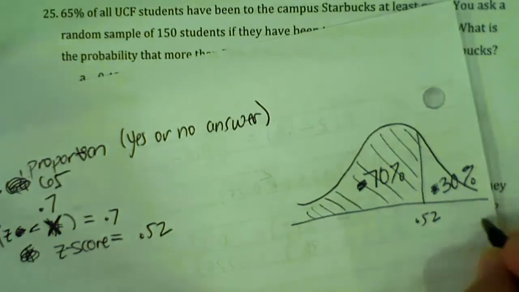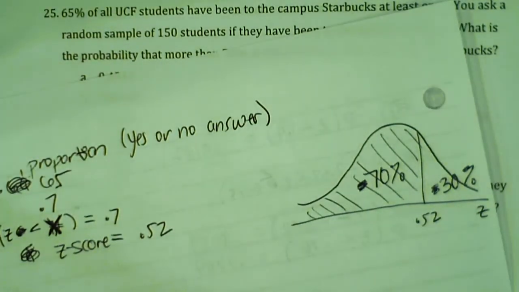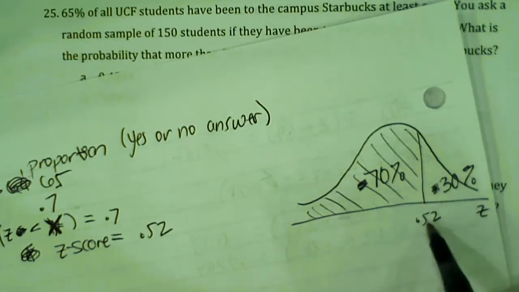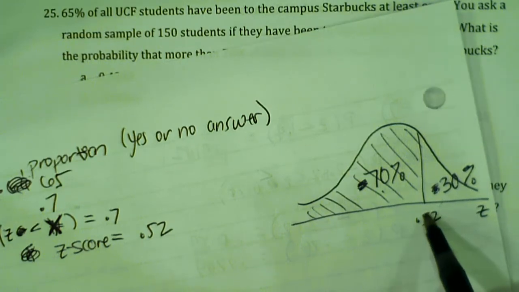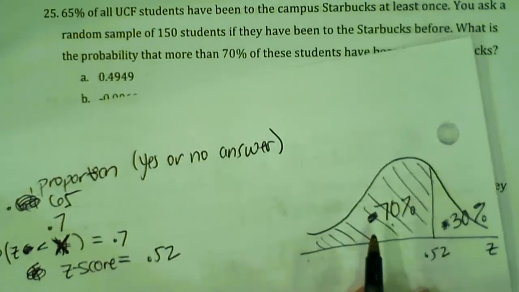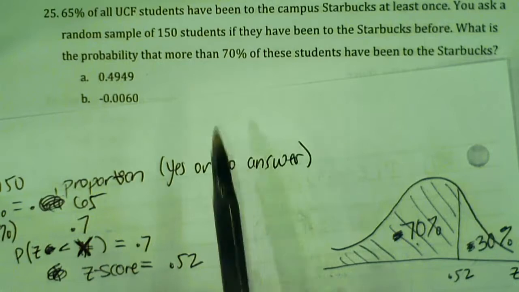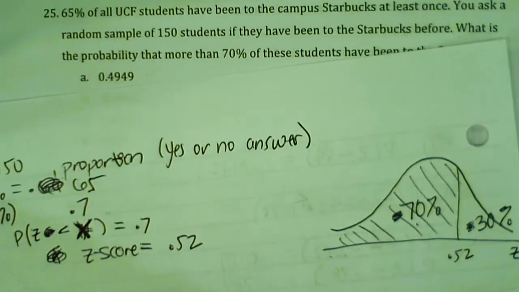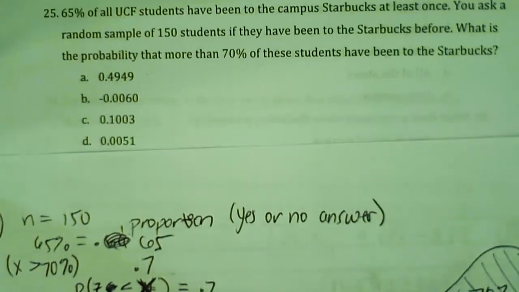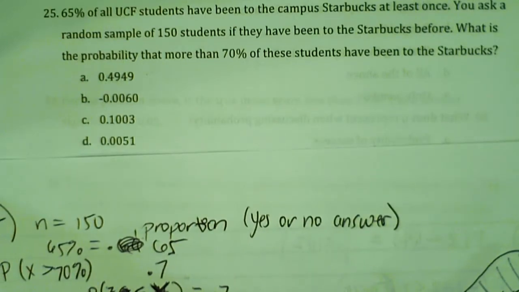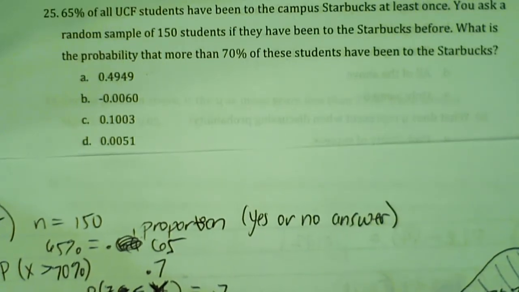But okay, so that's Z. So we just found the corresponding Z-score of 70%. And it's asking for everything more than 70%. So what is the probability that more than 70% of these students have been to Starbucks?